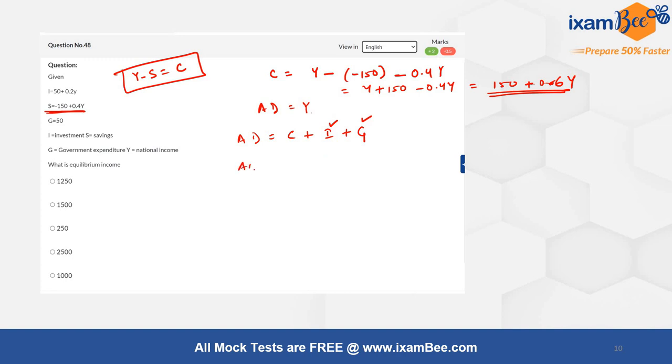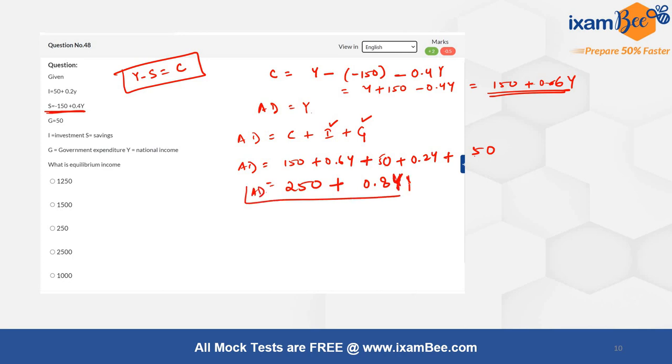So putting this, you get aggregate demand is equal to 150 plus 0.6 Y plus 50 plus 0.2 Y plus G, which is the 50 government expenditure. So the total aggregate demand would be 150 plus 50 plus 50, which is 250 plus 0.8 Y, right? This is my total aggregate demand.